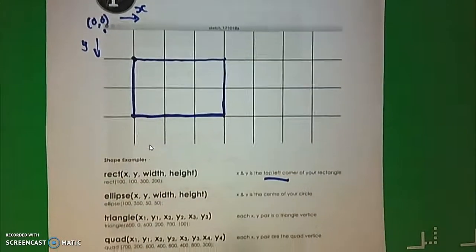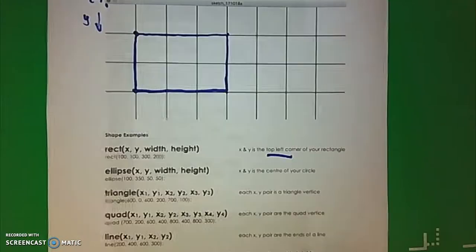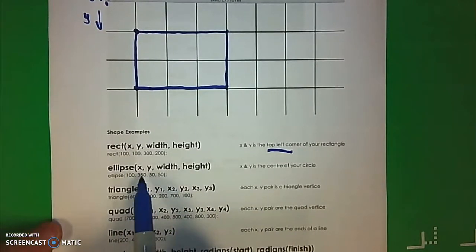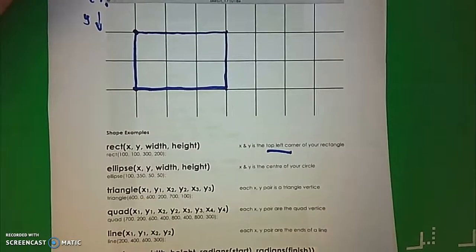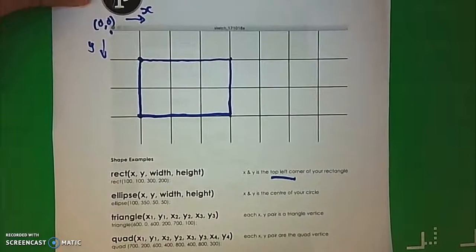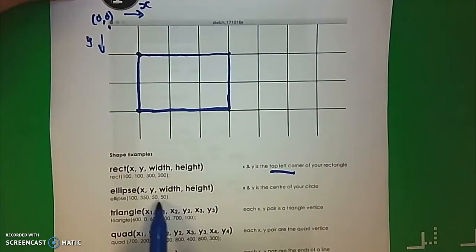The next shape that we're going to look at is the ellipse. For the ellipse, the XY coordinate designates its center, and it has a width and a height. Notice these are not radii, these are diameters. This also allows us to make ovals if we want, or circles if they're the same dimension.